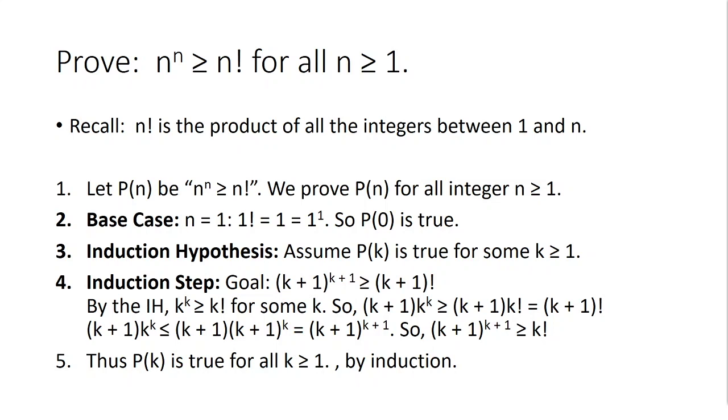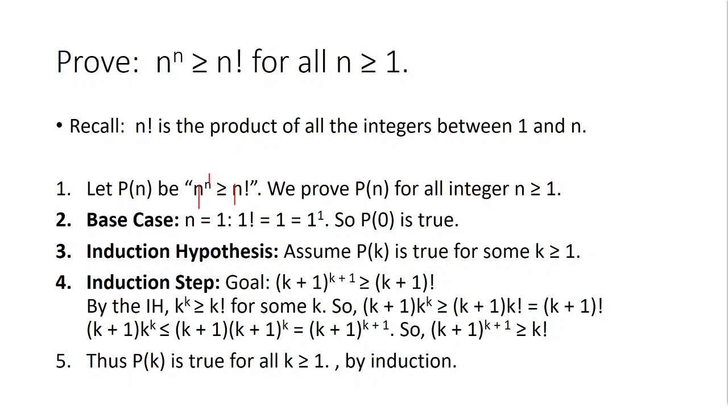The base case is when n is 1. So 1 to the first is 1, and 1 factorial is 1. So the base case is true. What is the induction hypothesis?